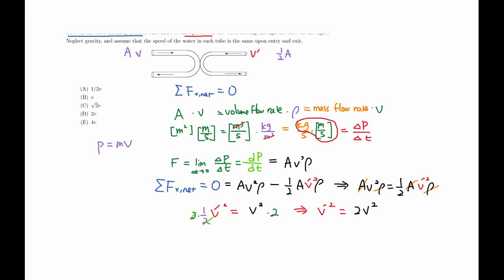All we have to do is square root both sides. So our answer is ultimately radical 2 v. This is our answer. Looking at our choices, C is our final answer.